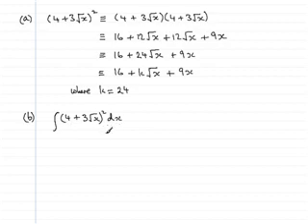Well, obviously this is linked to part A because we now have the full expansion of it, so we can say that this is equal to the integral of this expression up here. So we've got 16 + 24√x + 9x, and that's integrated with respect to x.